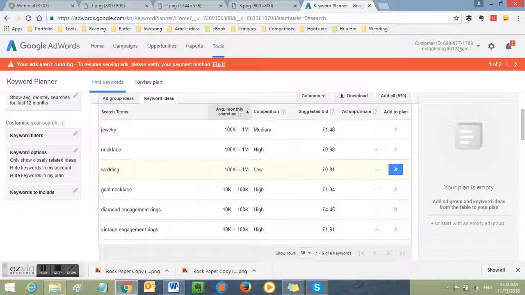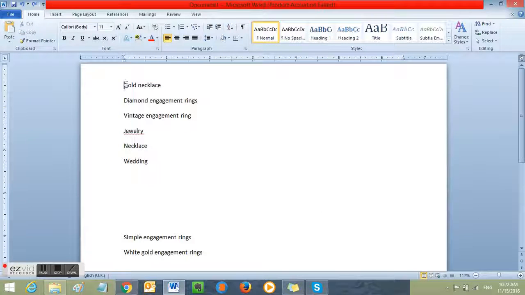Now wedding is low competition, between 100,000 and 1 million searches per month. Quite a competitive price when it comes to AdWords, so it's worth noting only 81 pence per click if you wanted to run AdWords. 98 pence for a necklace. So obviously jewelry, necklace, wedding would be our first ones, then gold necklace, diamond engagement rings, and vintage engagement rings.